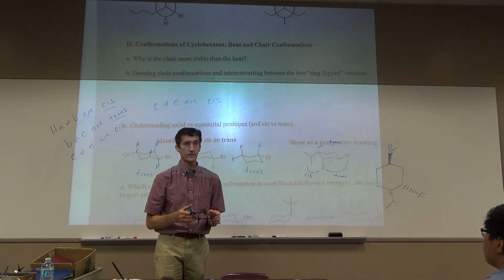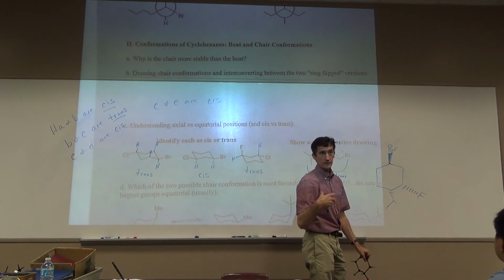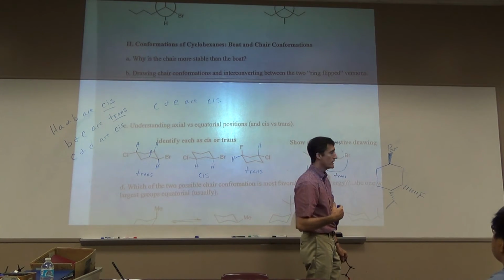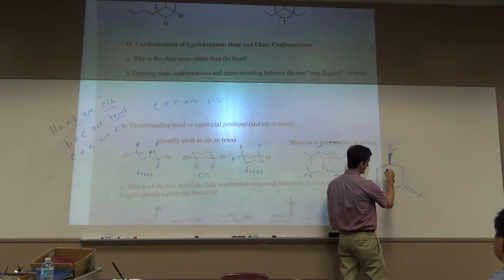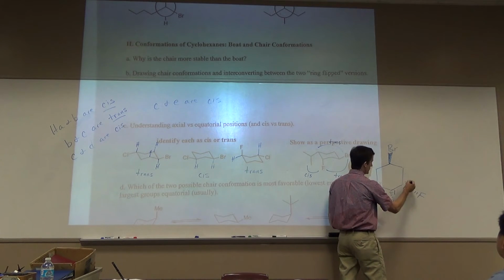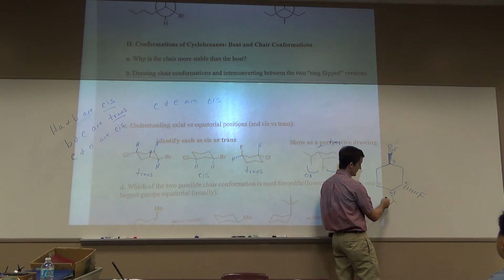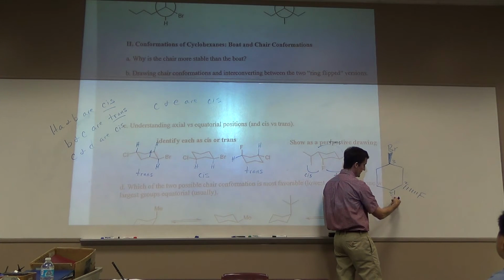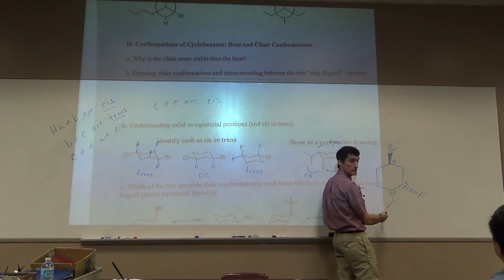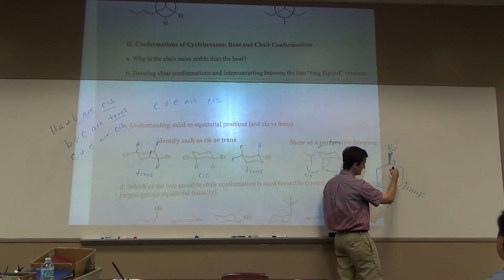So how would you name this thing? We don't have stereochemistry in our naming. What's the one position here? Isopropyl. 1, 2, 3, 4. It's a cyclohexane. If you did IUPAC, it would be 1-methylethyl, the 3-bromo.